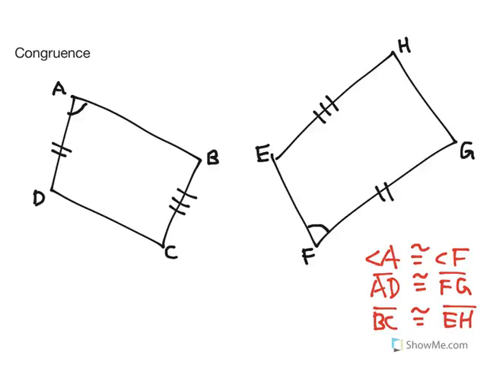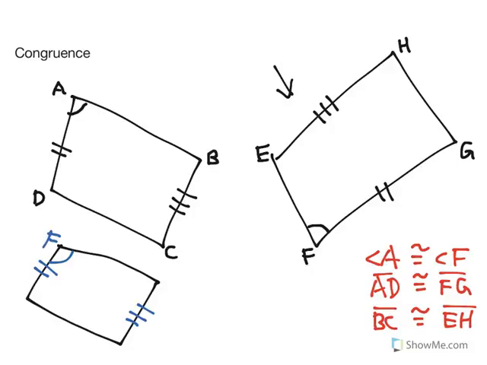Knowing that, we can reposition these to look the same. So let's say we would reposition this one to look pretty similar. The markings would be the same. We know that angle A is congruent to angle F, so this would be F. AD is congruent to FG, so we know this would be G. And it's starting to look pretty similar now.